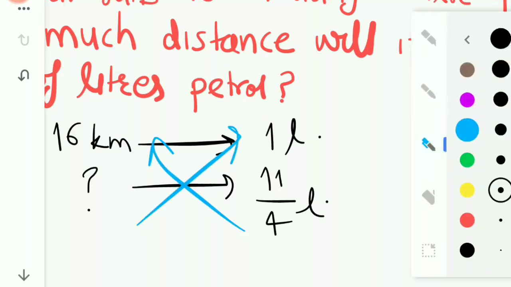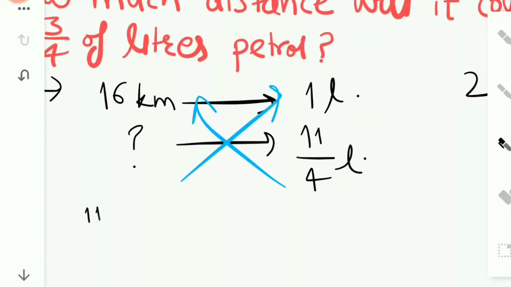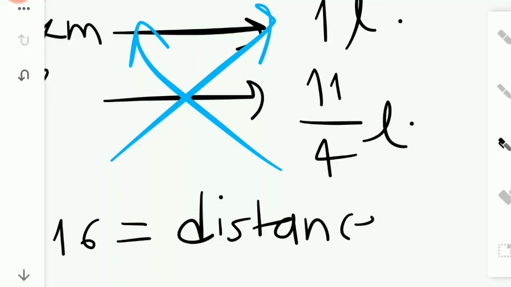So how to do that? 11 by 4 into 16 equal to distance covered in that many liters of petrol.